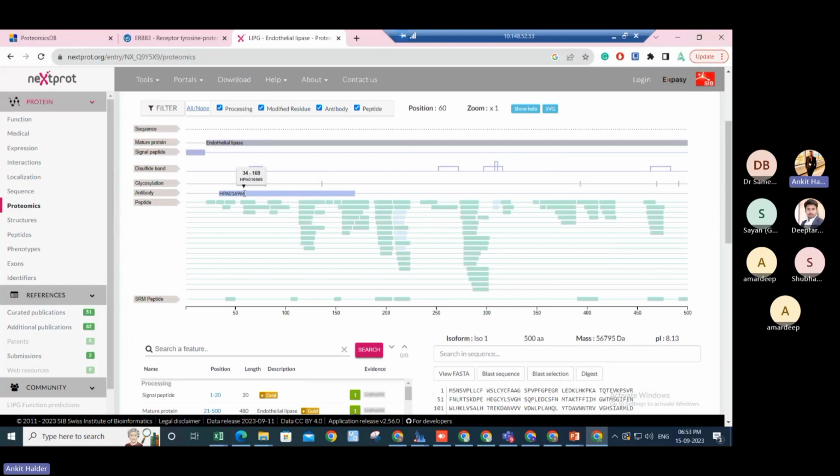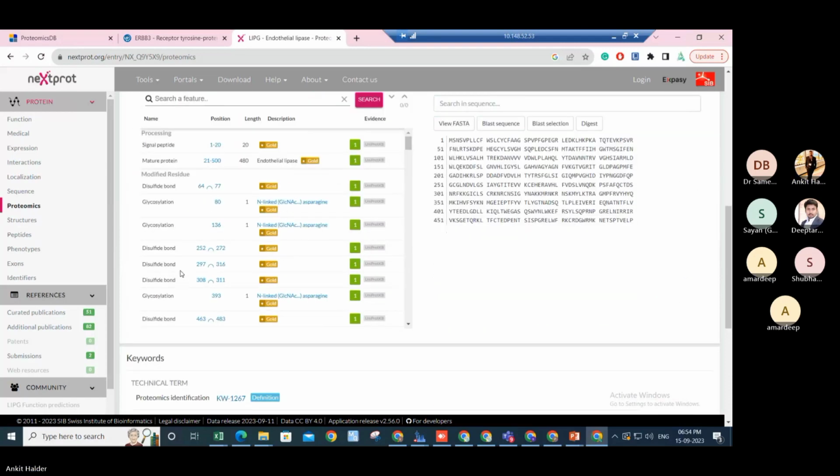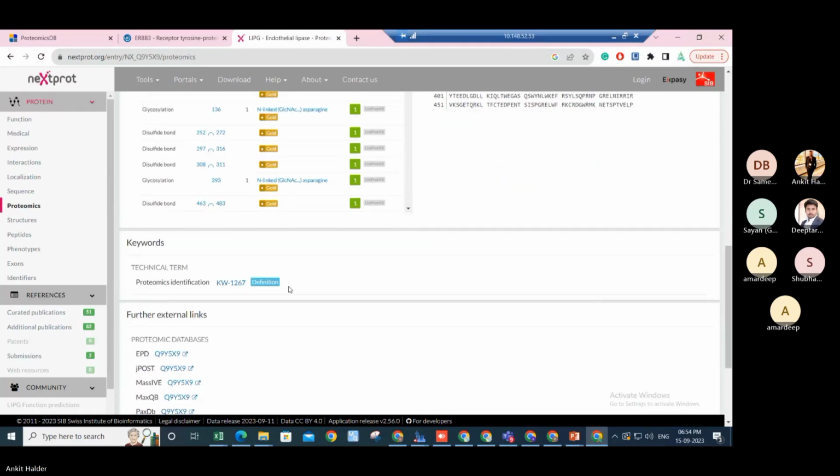So you can see the antibody levels, disulfide bond, mature protein, signal peptides, glycosylation, disulfide. So everything you can check out here.